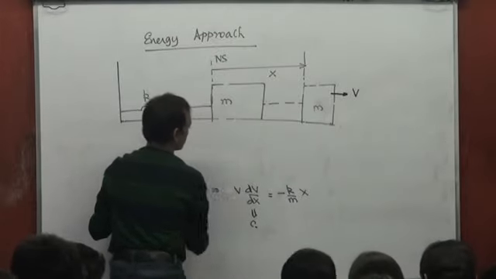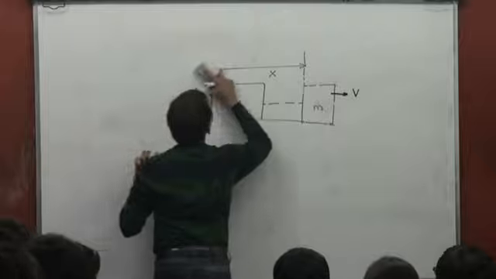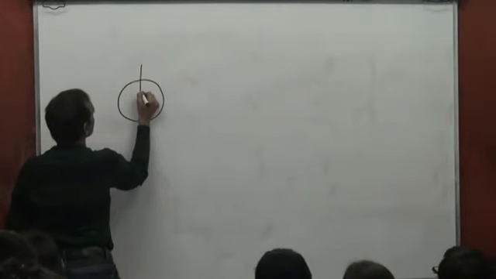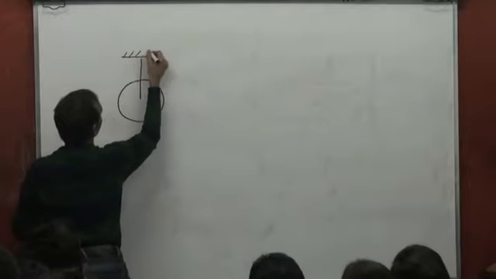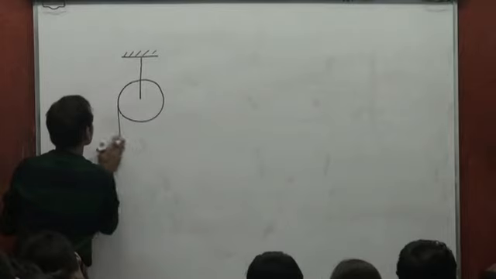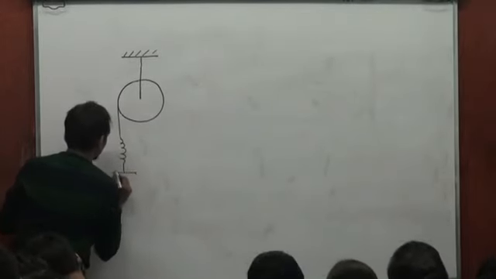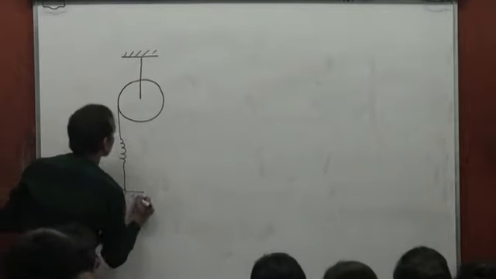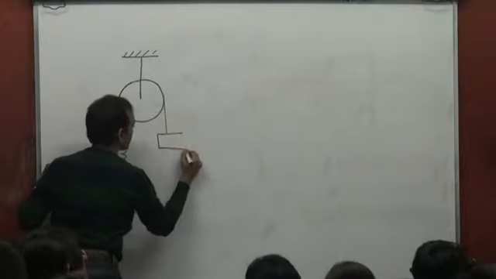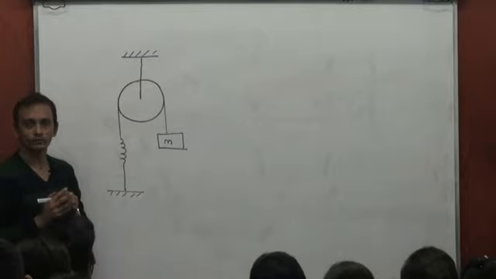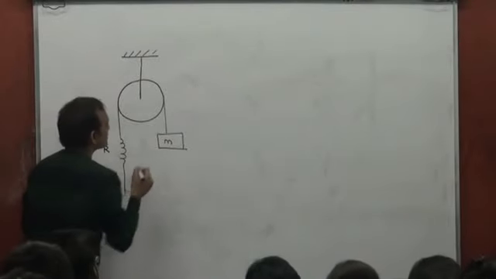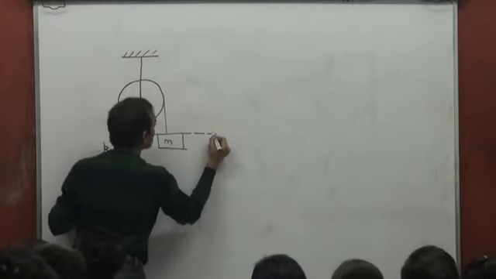Now, suppose you have a pulley like this, a fixed pulley, and there is a spring that passes around the pulley, and an overhanging mass M. A spring of force constant K. Let's say this whole thing is the spring.